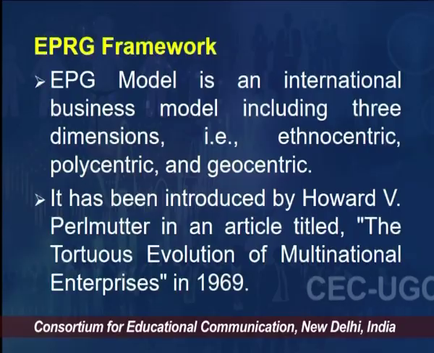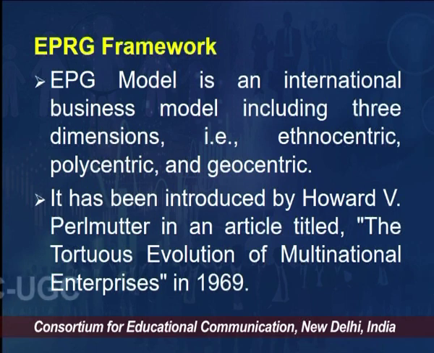So, this is the EPRG framework. The EPRG model is derived from the EPG model. Previously it was only the EPG model, an international business model including three dimensions: ethnocentric, polycentric and geocentric.